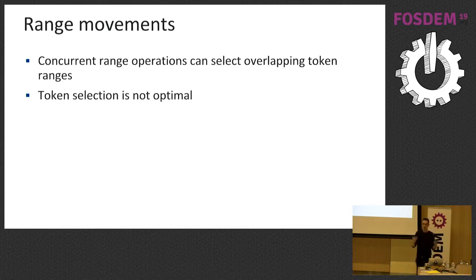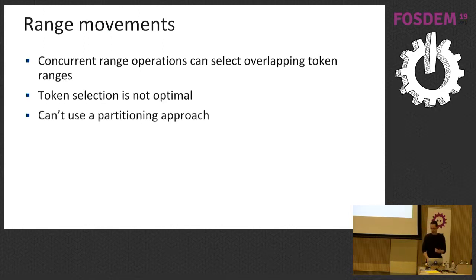So it's not really optimal. What we want is a strongly consistent way of ensuring that when we're adding a new node, we actually give it whatever token ranges will be best for the system. Like we can see which nodes are more overloaded and take ranges away from them and give them to the new node.